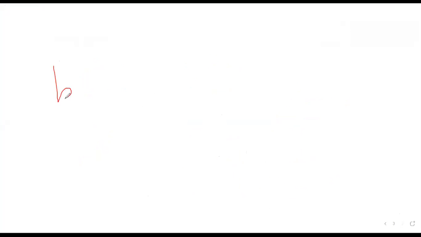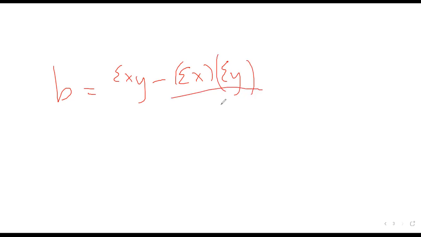So B is given by summation of xy minus summation of x over summation of y divided by n, everything over summation of x squared minus summation of x to the power 2, everything over n.